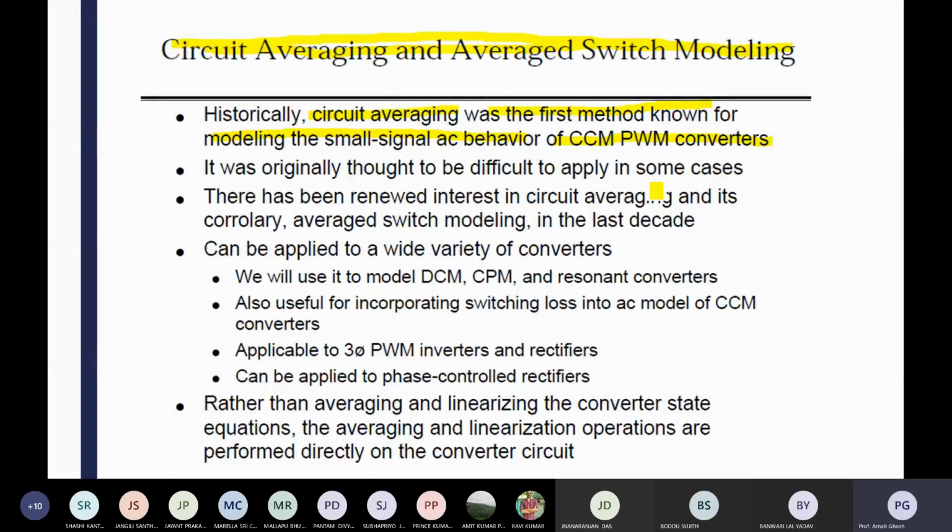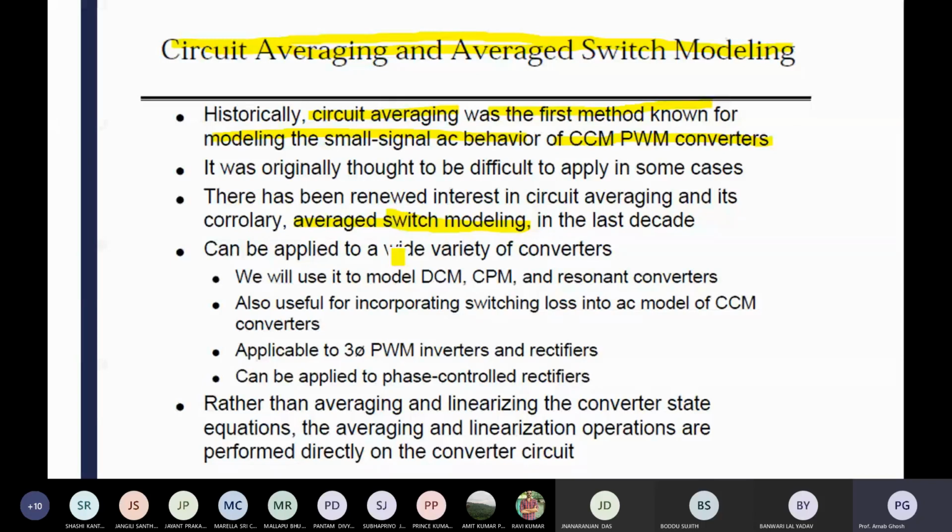One example of that method is average switch modeling. Average switch modeling is basically based on the AC/DC transformer based modeling method, like your previous one. It can be applied to a wide variety of converters.